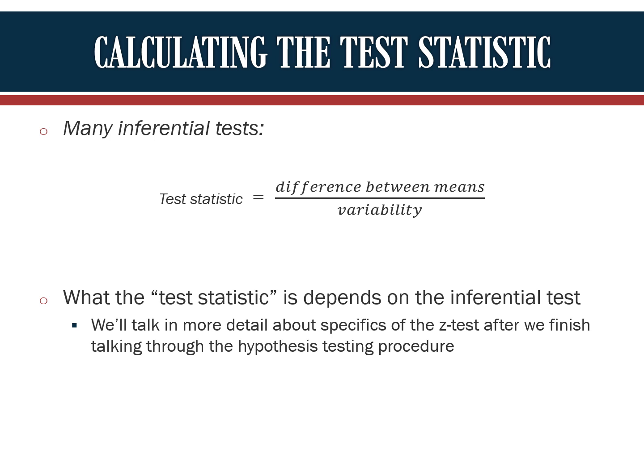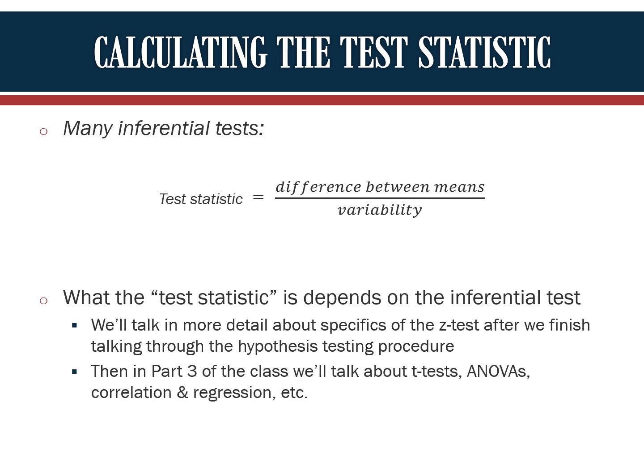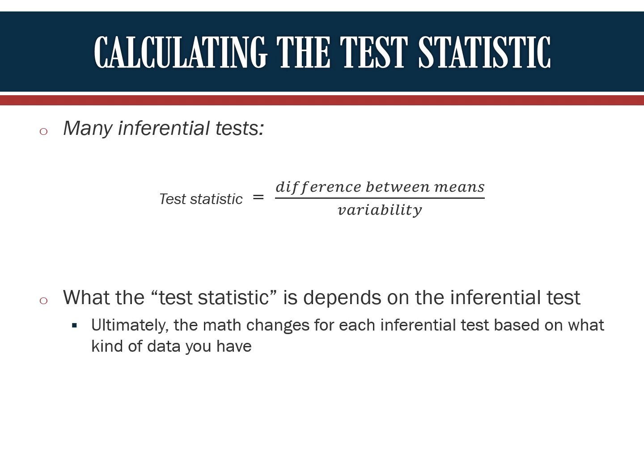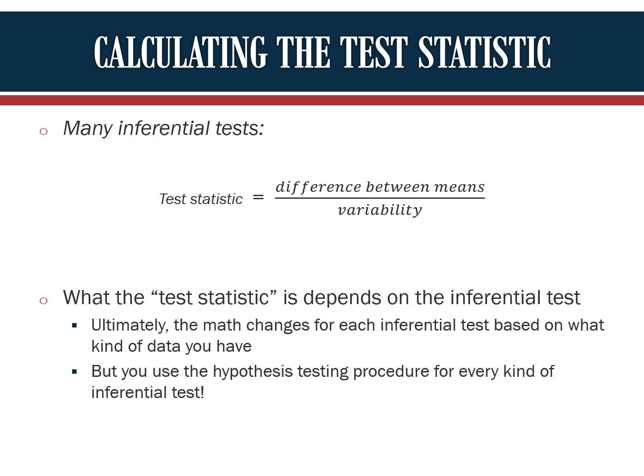Now again, we're going to talk in more detail about the specifics of the z-test after we finish talking through the hypothesis testing procedure when we come back from spring break, right? And then in part 3 of the class, we're going to talk about t-tests, ANOVAs, correlation, regression, etc. But ultimately, even though the math changes for each inferential test based on what kind of data you have, you use that hypothesis testing procedure for every kind of inferential test.